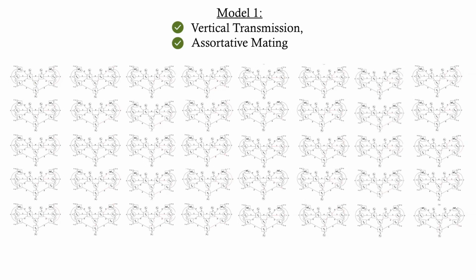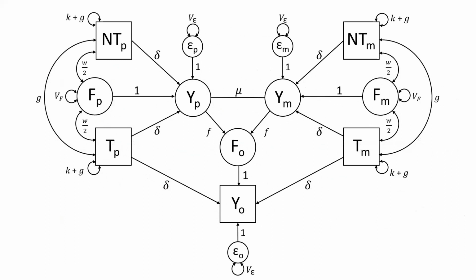But rather than having to figure out the products within each path and summing those together with all the products from all the other 39 paths, which would be really time consuming and error prone, we can implement some shortcuts. So for example, we can say that omega is equal to all of the paths connecting YP and NTP.